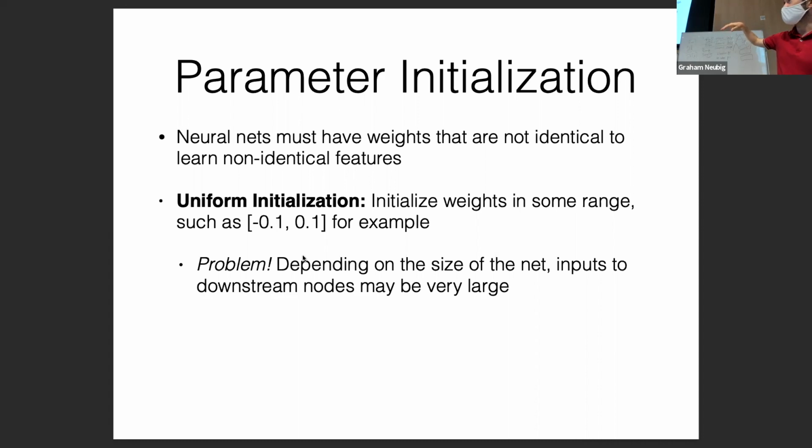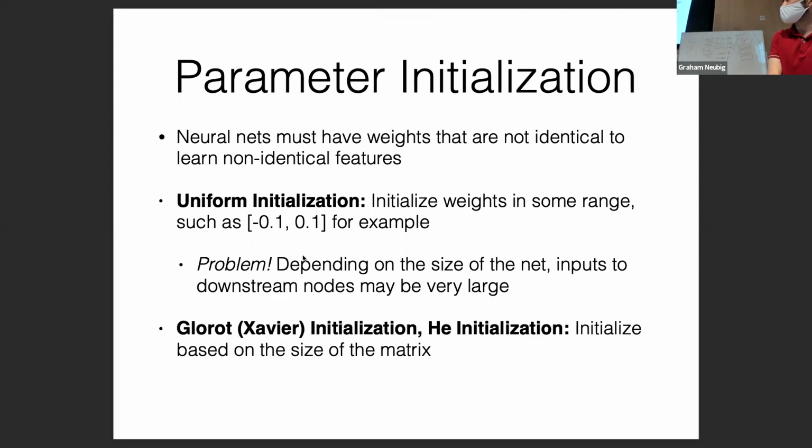If you had 512 nodes, it would be between -51.2 and +51.2, et cetera. This causes the behavior of the net to be very different depending on the size you pick.